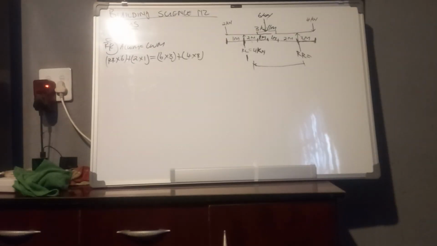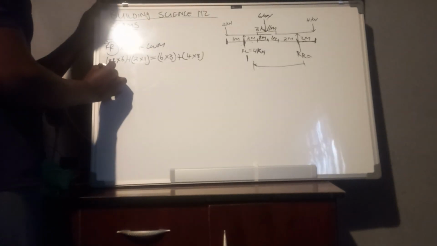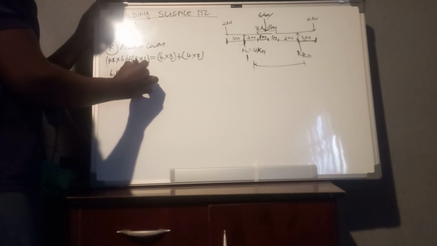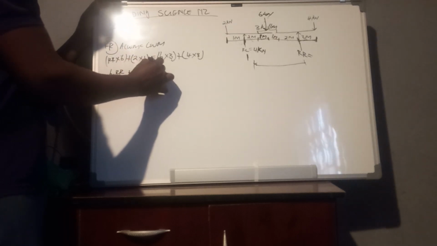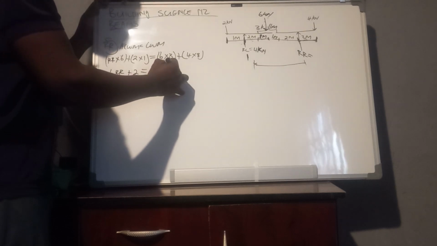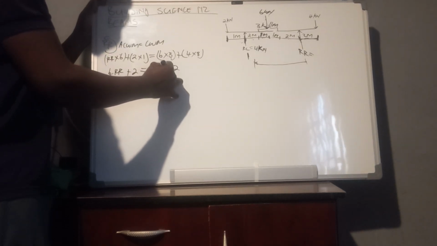Then from here, what are we going to do? We have to calculate here. So we are going to say 6 multiplied by RR, which is 6RR, plus 2 multiplied by 1 is 2, which is equal to 6 by 3, 18, plus 4 by 8, 32, right?